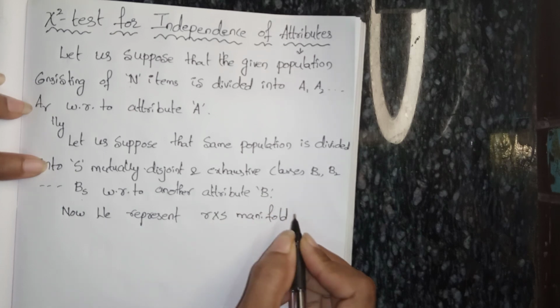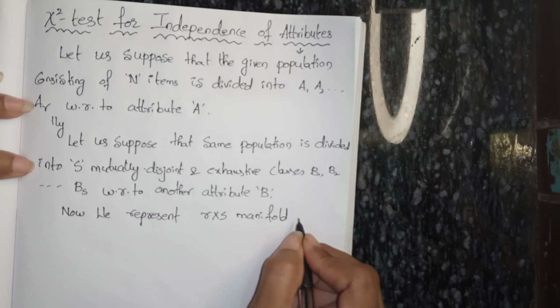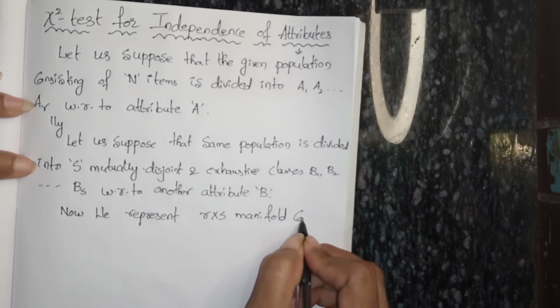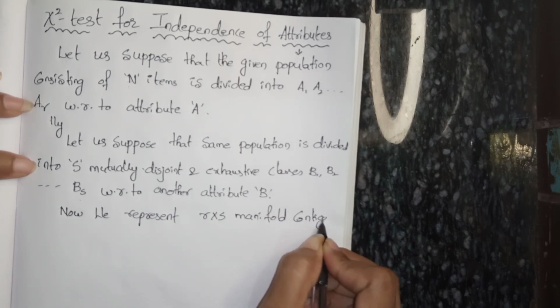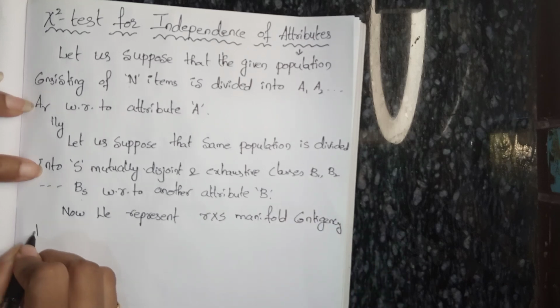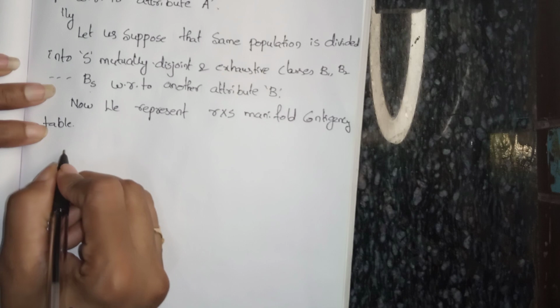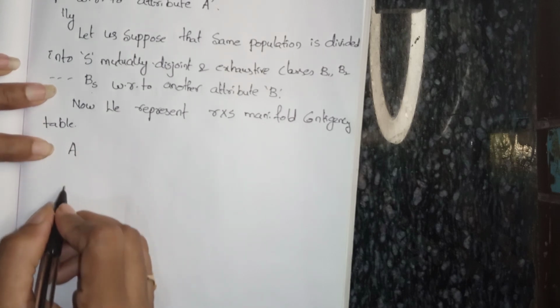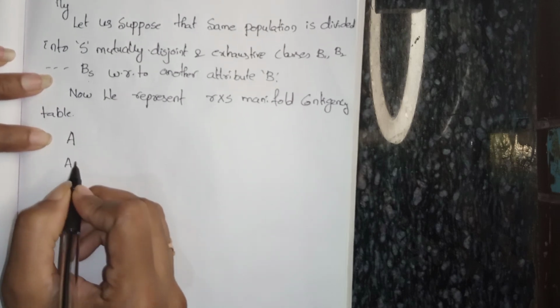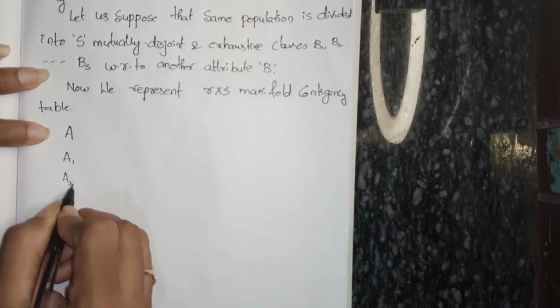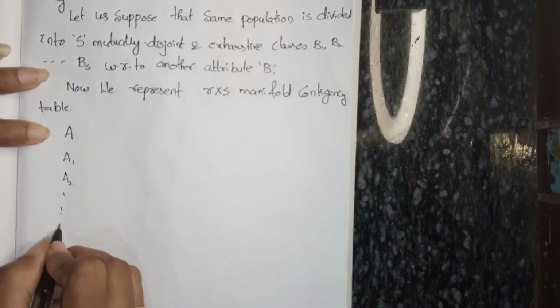A contingency table is nothing but rows and columns. This is attribute A: A1, A2, and so on up to AR.